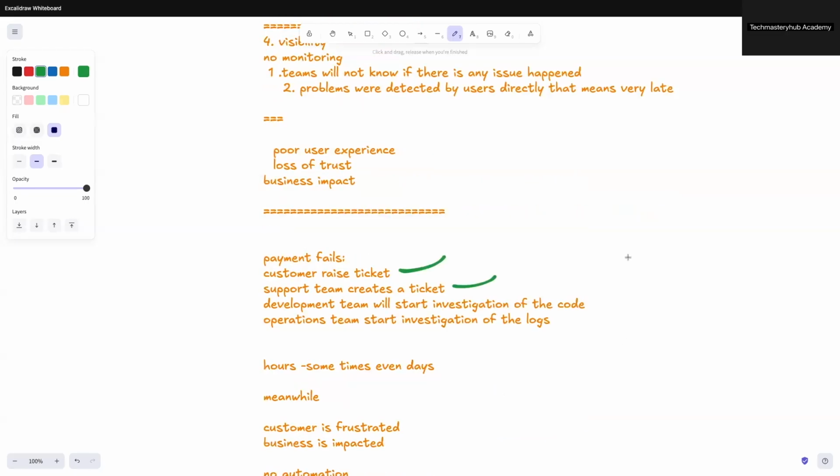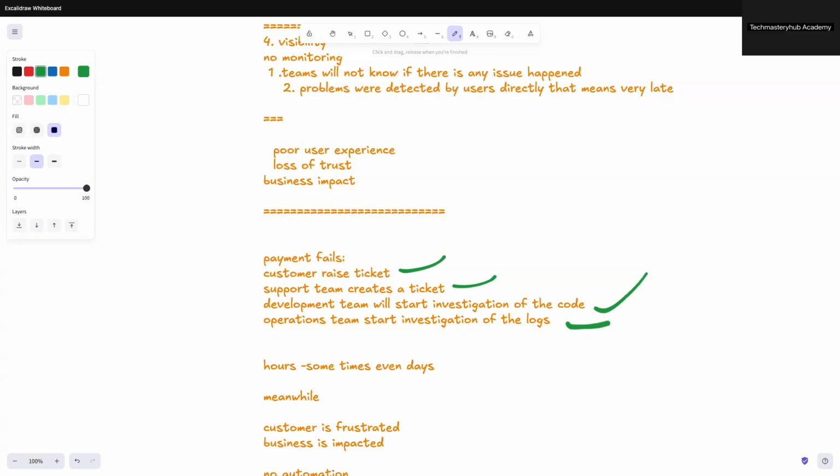After that, the development team will start investigation of the code and the operations team will start investigation of the logs. But this process takes hours, sometimes even days. And during this whole process of investigating and fixing, your customer is frustrated and business is impacted.